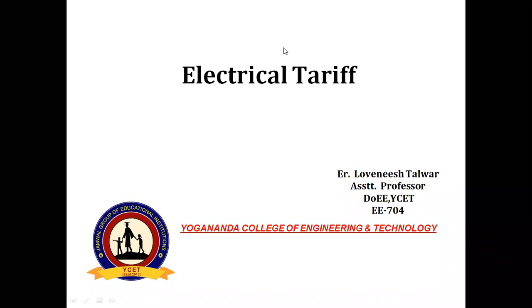The electrical tariff is basically the amount that you have to pay for consumption of electricity, and the consumption of electricity is always in units, and 1 unit is equal to 1 kilowatt hour.